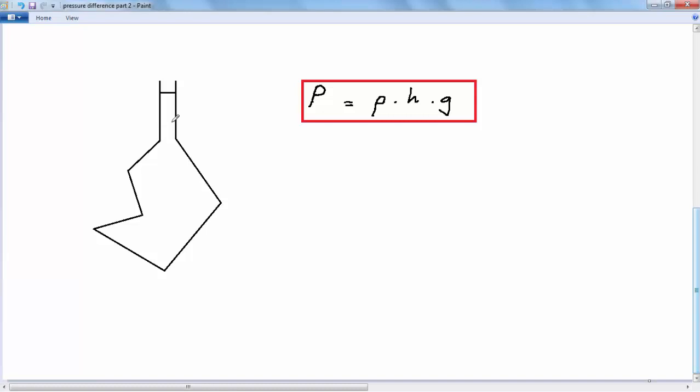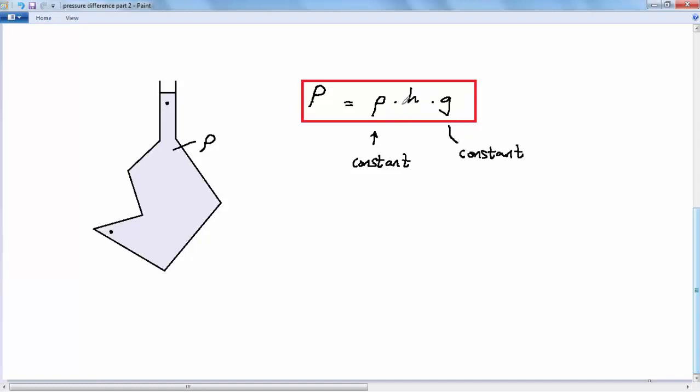So what we mean by that is, if we want to find out the pressure difference, for example, in this very irregular shaped container between, say, that point and, say, this point, when we look at this formula, we'll see that the only variable really in the formula is the difference in height, because the density of the fluid, rho, is a constant, and the acceleration due to gravity, g, is also a constant.